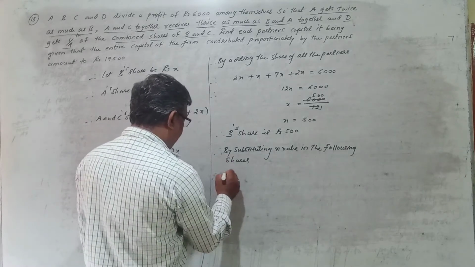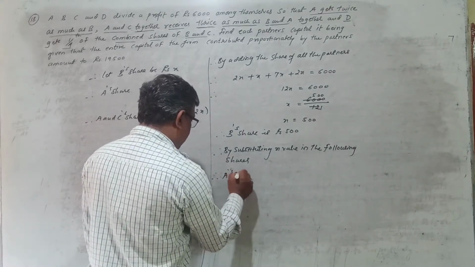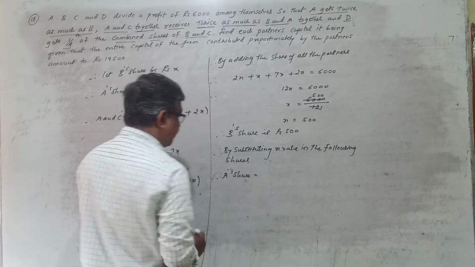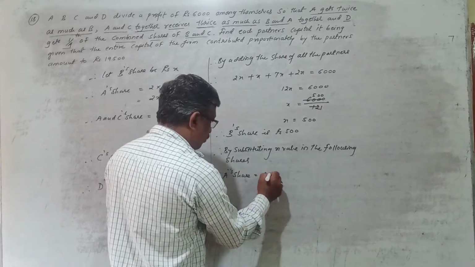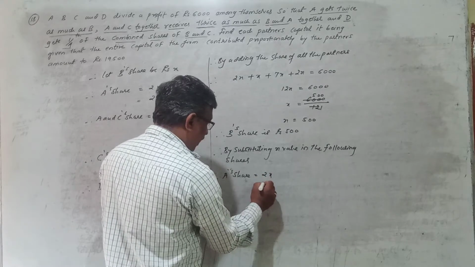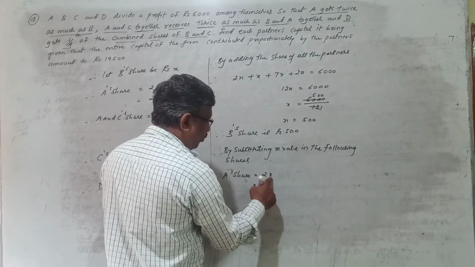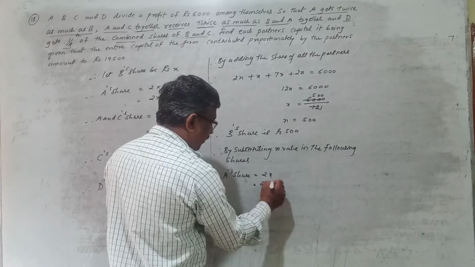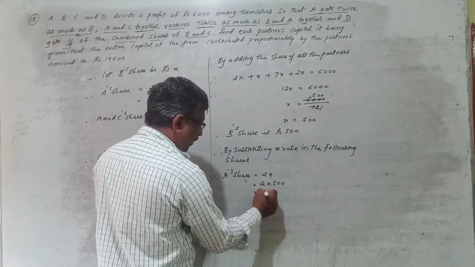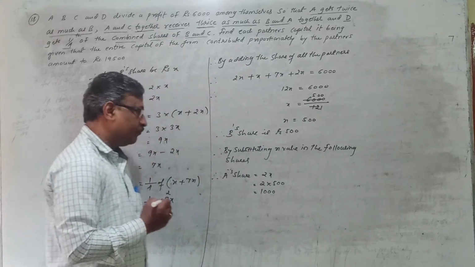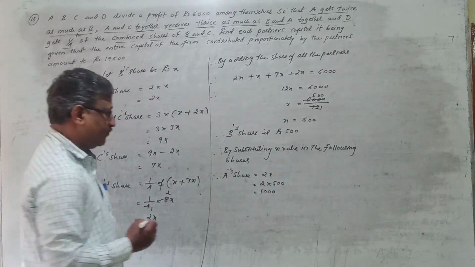Now first you calculate A's share. A's share is 2x, which is nothing but 2 into x value. What is my x value? 500. So 2 into 500 gives 1000. So A's share comes to 1000.